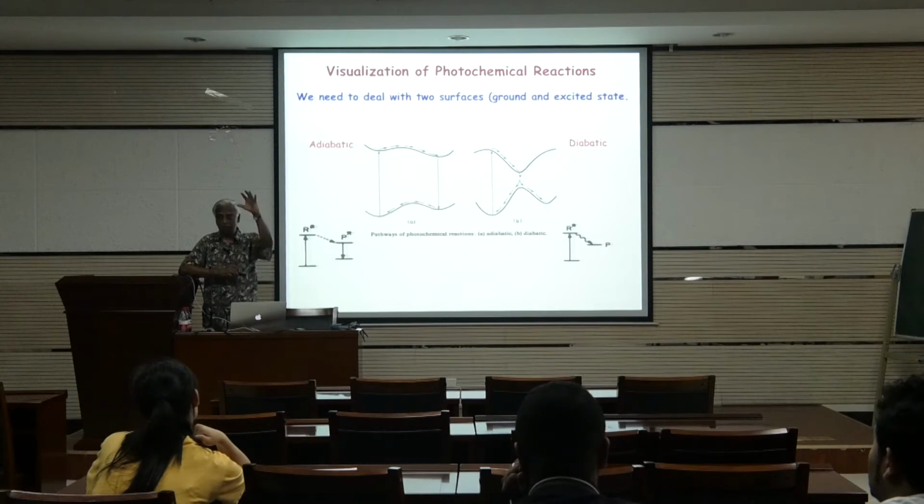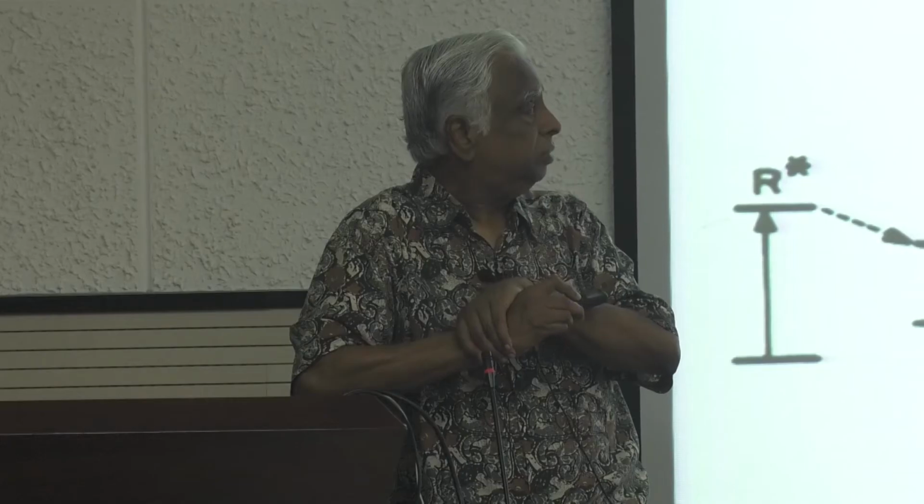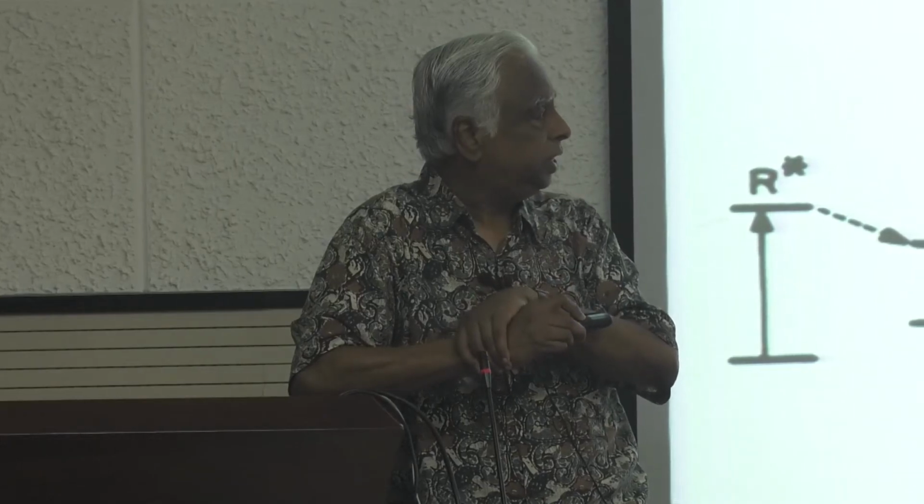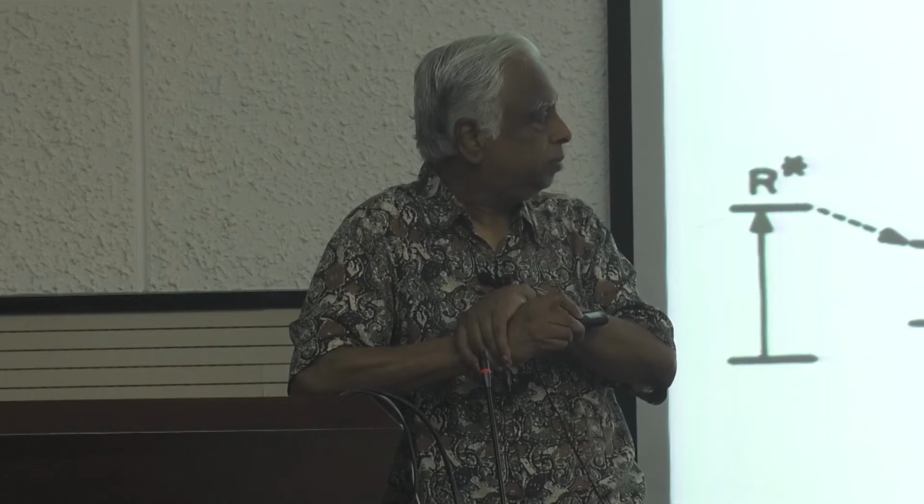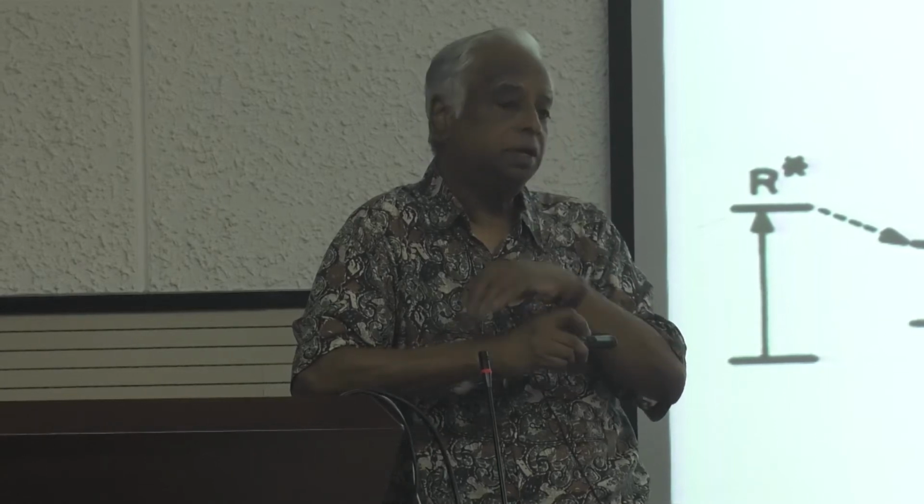Then it wants to come back to the old ground state electronic configuration. When it comes down, depending on whether it comes back here or here, you will get the reaction or you will get a fluorescence. Okay?